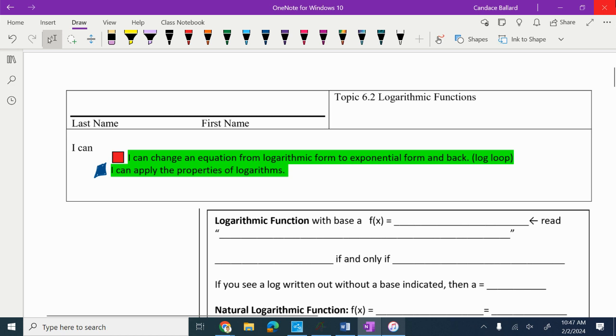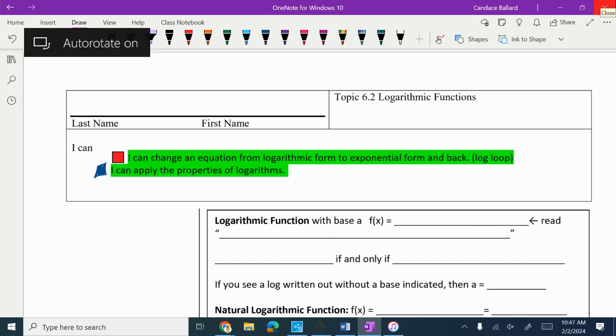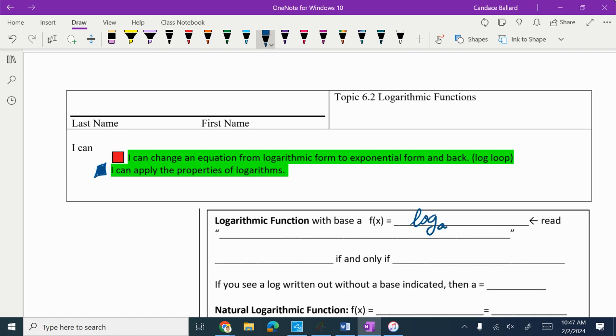All right, so a logarithmic function with base a, okay, is f of x equals log base a of x. So just like when we talk about an exponential, we call this the base, okay, and you're going to see that these things are going to be interchangeable. The log has a subscript on it, so it should be written a little bit lower, not like an exponent.